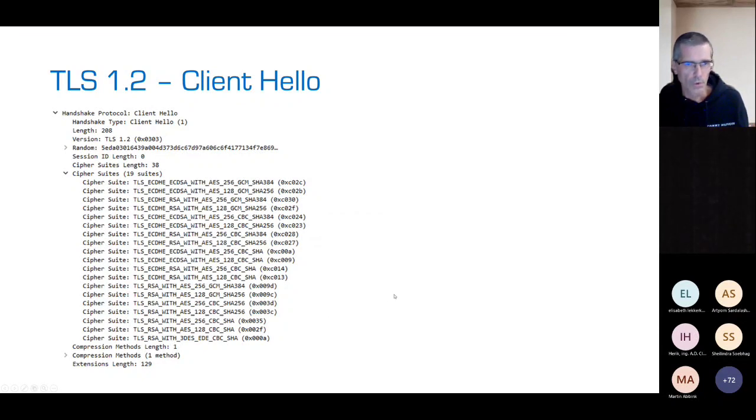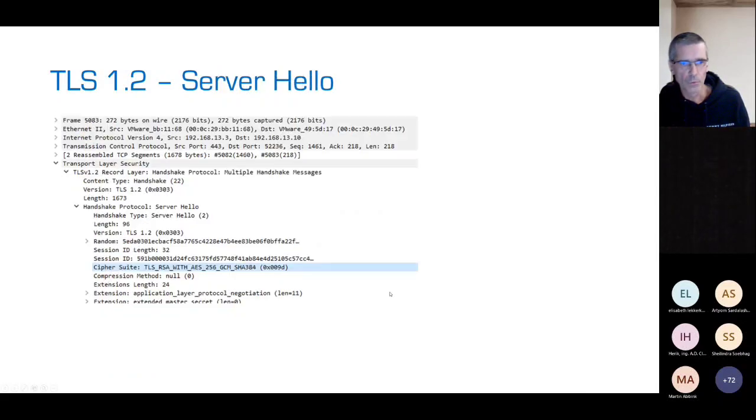And then the server will pick one cipher suite. As you can see here in the server hello packet, the server chooses the most secure algorithm from the list that the client supports. And this is TLS, RSA, and so on. So the client and the server both agree to use this specific cipher suite.